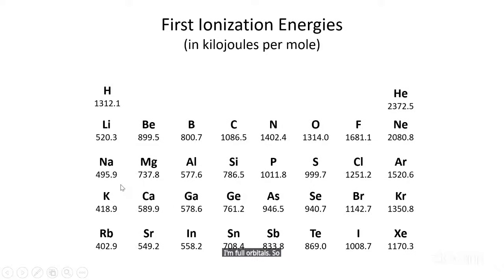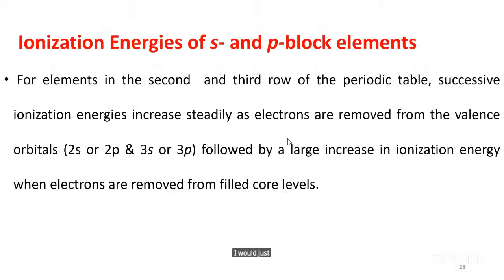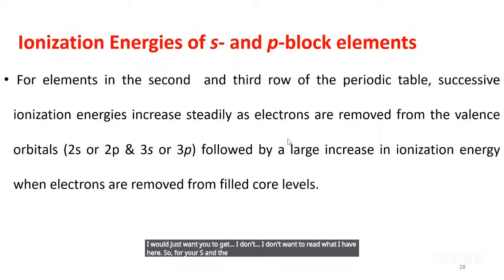So we just look briefly at the blocks. For the s and p blocks, the s-block elements are metals, so they have more tendency to lose electrons, while the p orbitals have more tendency to gain electrons.